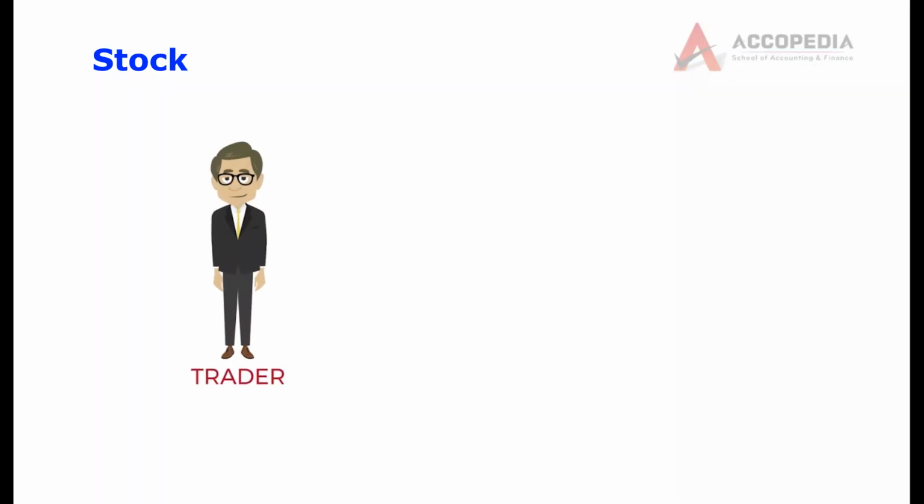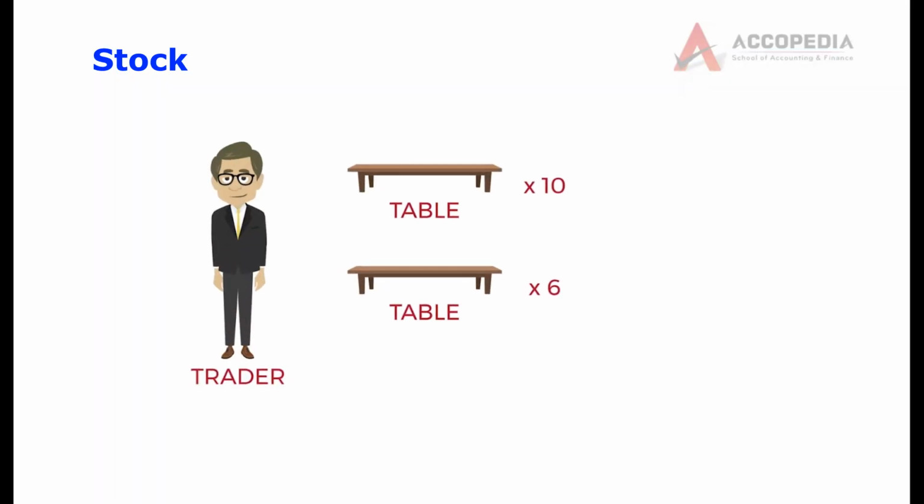But it is possible that a part of the goods are not consumed or not sold. If I am a trader, let us say I have purchased 10 tables. Out of the 10 tables, I have sold only 6 tables. Now it is not logical to compare the purchase cost of 10 tables and the sales income generated from 6 tables. It looked like a loss.